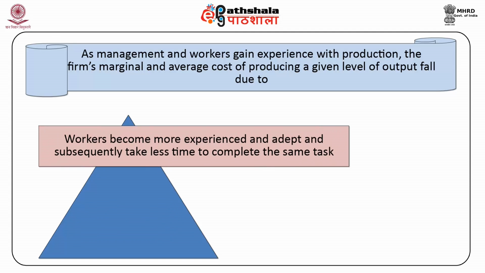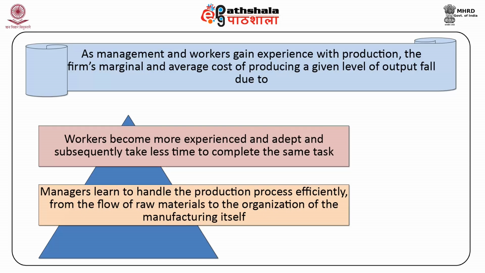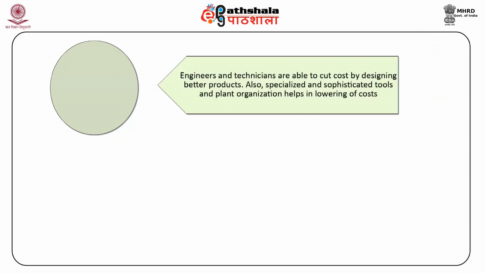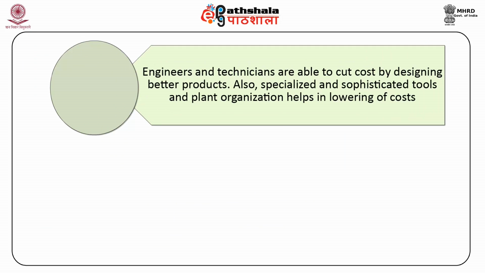One, workers become more experienced and adept, and subsequently take less time to complete the same task. Next, managers also learn to handle the production process efficiently, from the flow of raw materials to the organization of the manufacturing itself. Engineers and technicians are able to cut costs by designing better products.